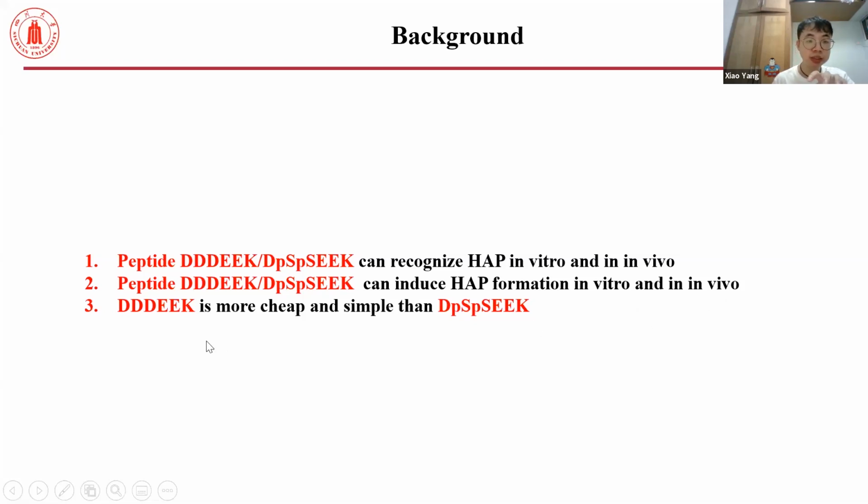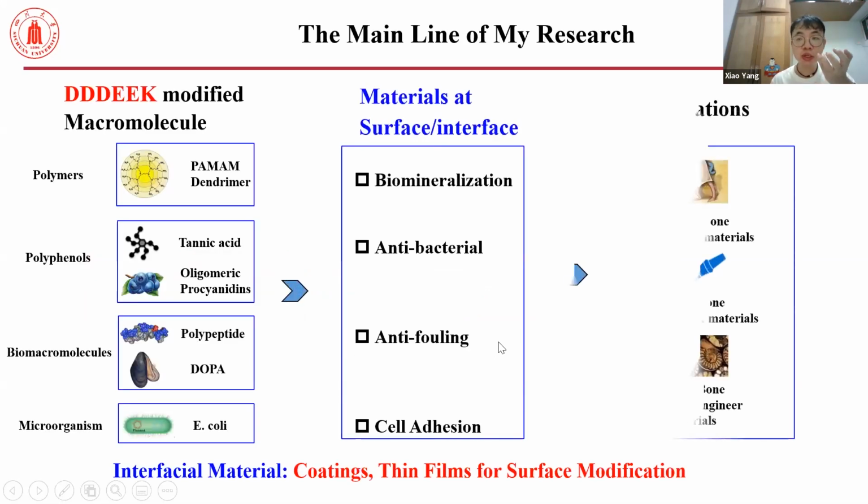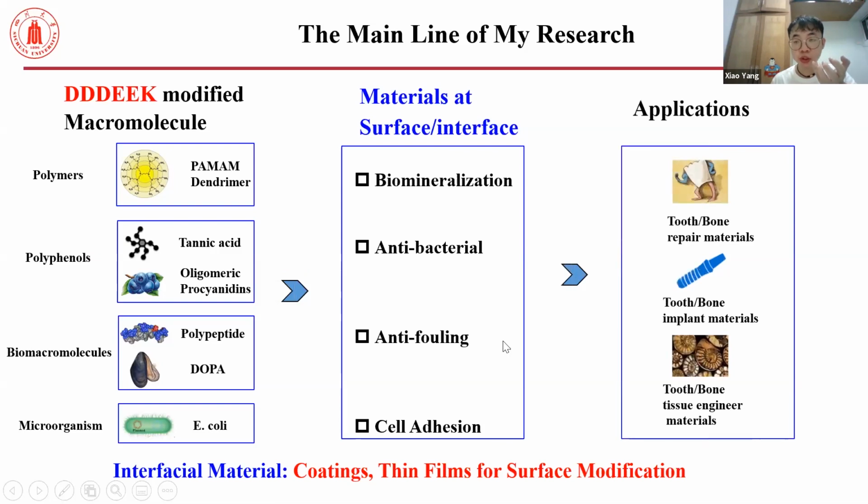And DDDEEK is cheaper and simpler than DPFEEKs. So during my PhD research, I used DDDEEK to modify different macromolecules such as polymers, polyphenols, and micrograms.